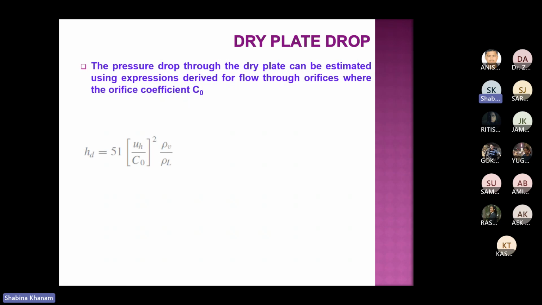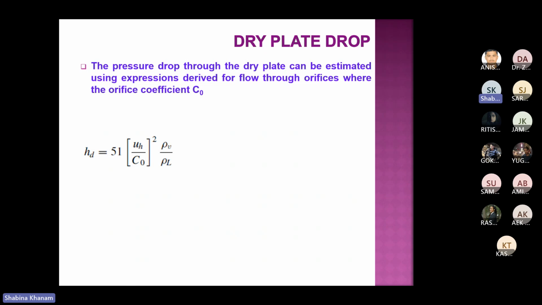Okay, so when I'm considering dry plate pressure drop, that is related with this equation, where rho v and rho l are the densities of vapor and liquid. CO is the orifice constant, and UH is the vapor velocity through the hole.